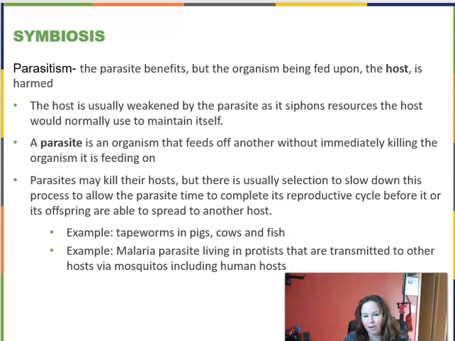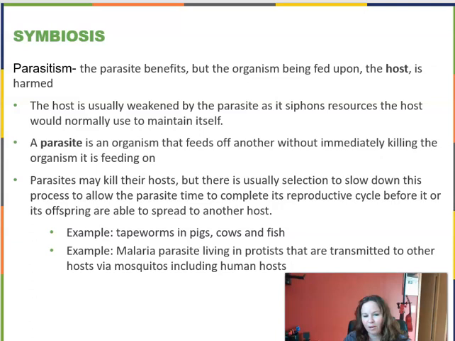So the parasite would probably not benefit if it killed its host right away. So many parasites have adaptations to slow down the process so the parasite has time to do its living and to reach reproductive age and make more of its species, more of itself.